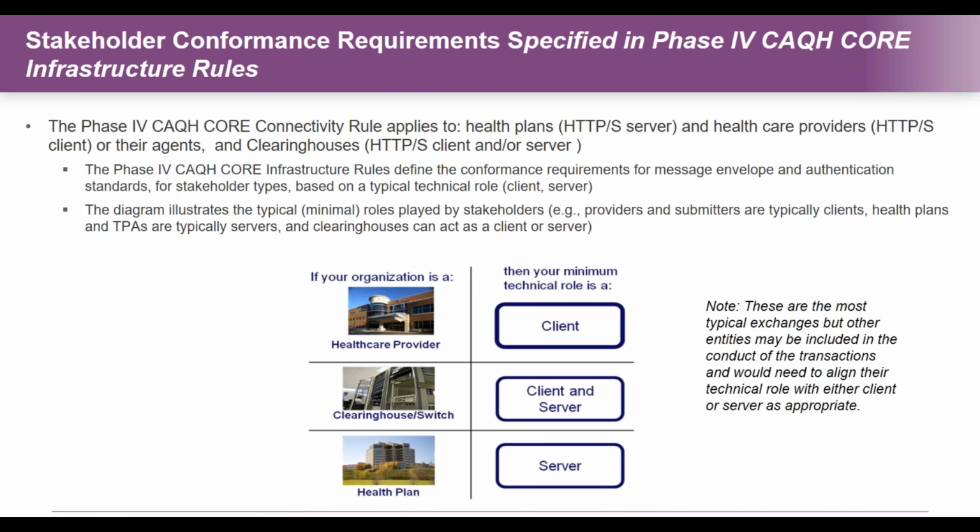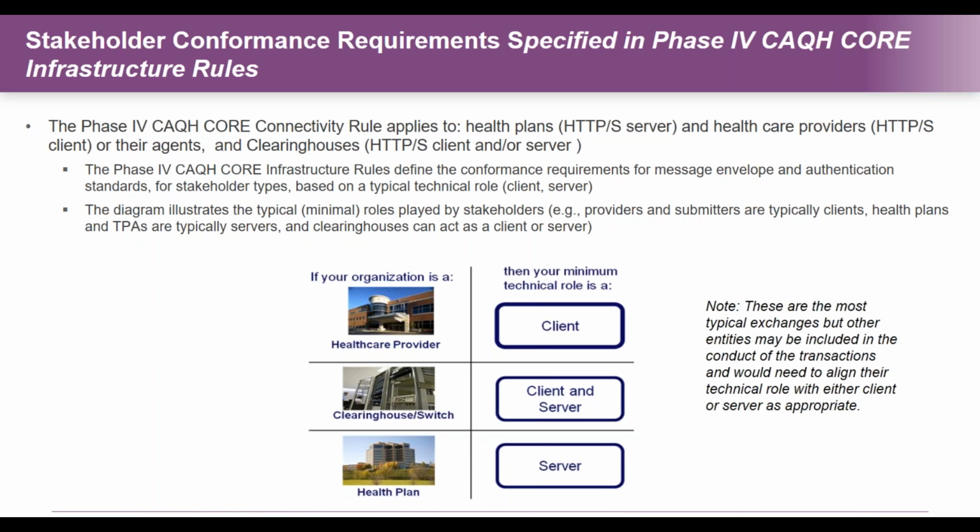So the conformance requirements around the phase 4 are defined in the infrastructure rules in phase 4. Connectivity rule happens to be one of the infrastructure rules, but there are others that are specific to each transaction. And within those infrastructure rules, the technical roles of each stakeholder type have been defined.